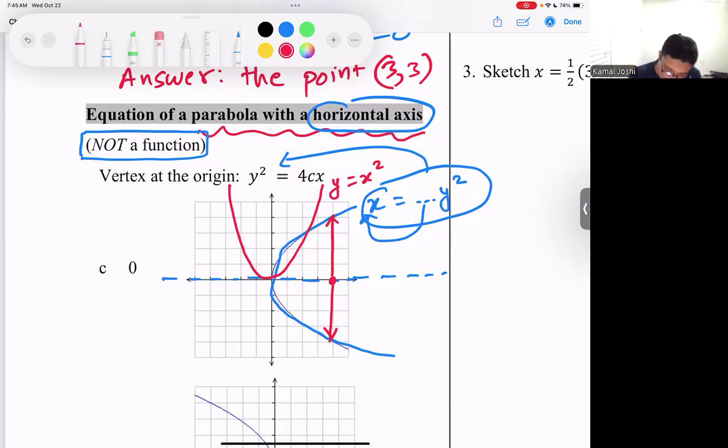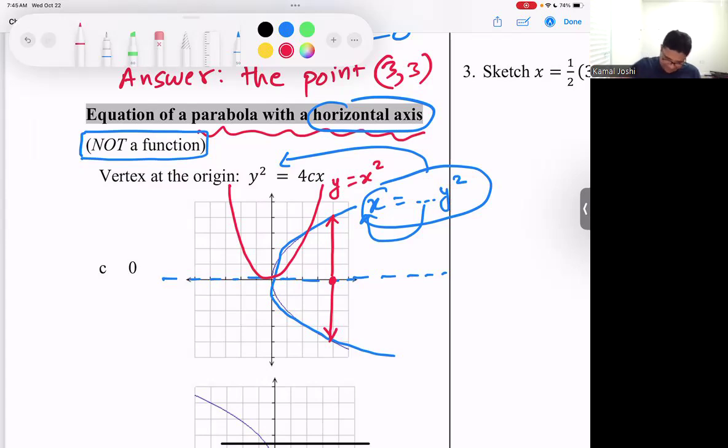So it's like two functions which have been put together like that. All right. Now, what are some telltale signs of the graph? If it is opening to the right side, then for positive x, the y values will exist, right?